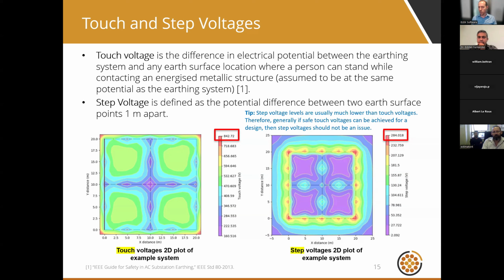Therefore, step voltages are usually not an issue. Especially if touch voltages are not a safety concern, or we've mitigated touch voltages, we don't usually have to worry about step voltages, but we can also determine them.